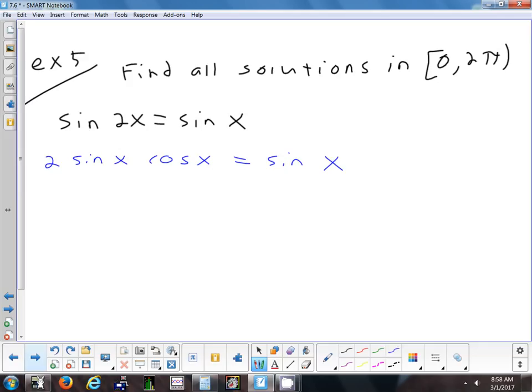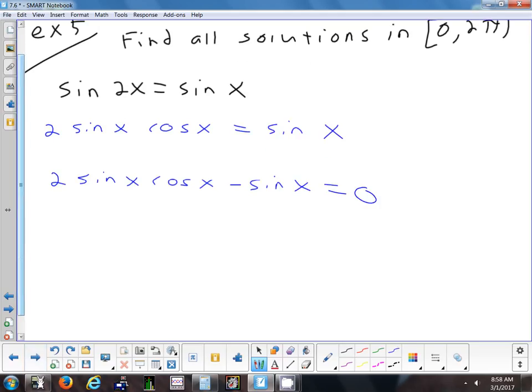So how could I get it equal to 0? Sure, we could subtract sine x. Okay, so I have it equal to 0. Is it a quadratic equation? No, definitely not. It's not going to be able to be turned into one. So it's not going to be something we use quadratic formula on. What can I do on the left-hand side, though? It's something I can do.